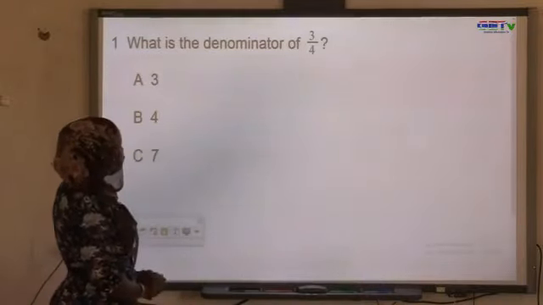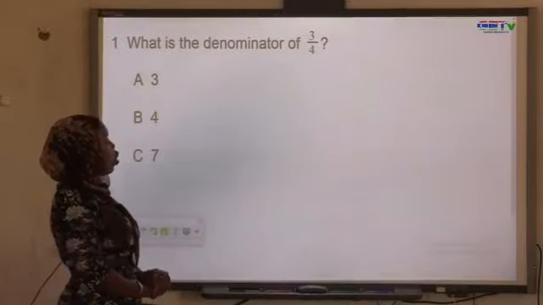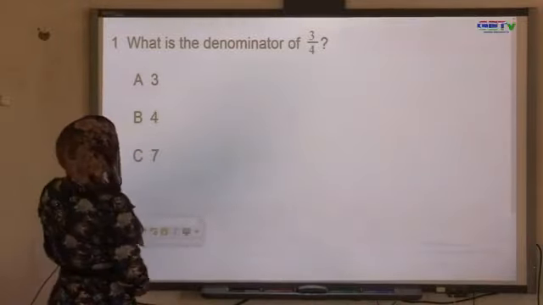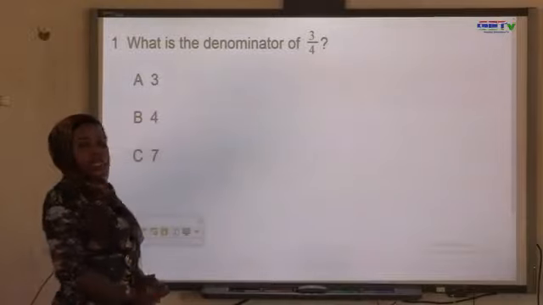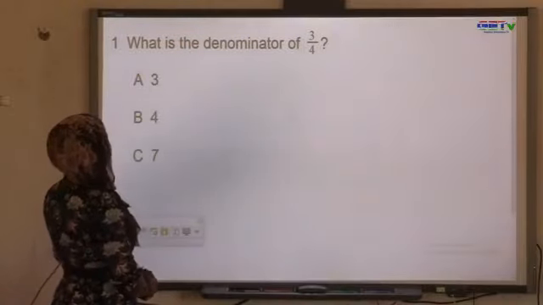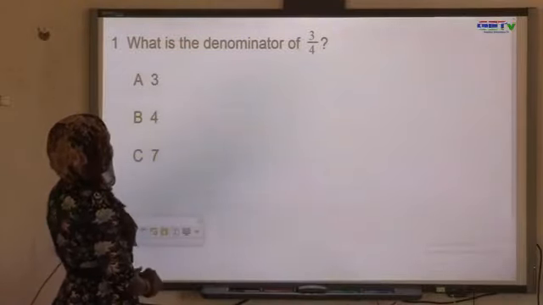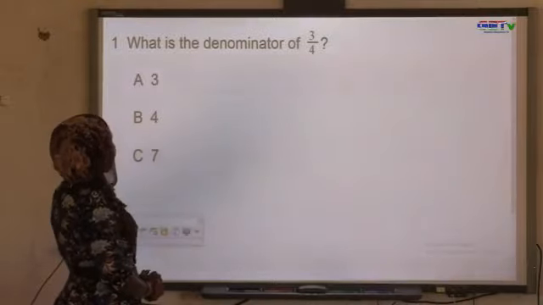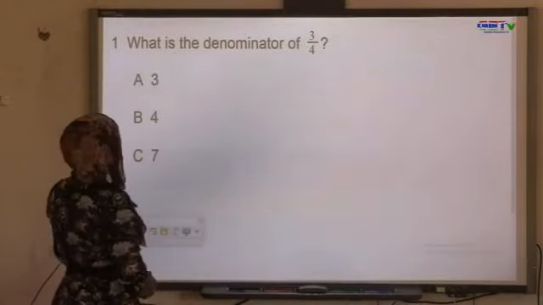What is the denominator of 3 over 4? A says 3, B says 4, and C said 7.